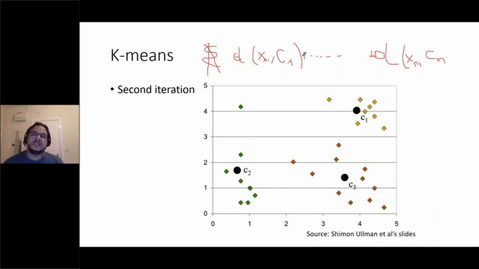So we sum the distance between each centroid and the points that belong to that cluster, and it is trying to minimize this.